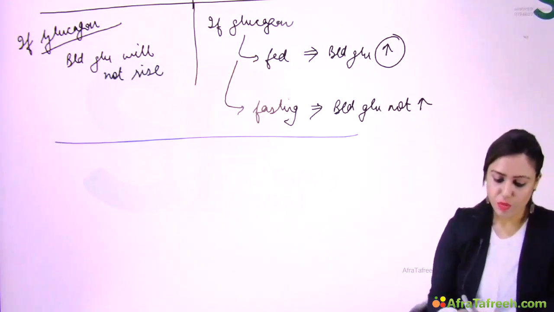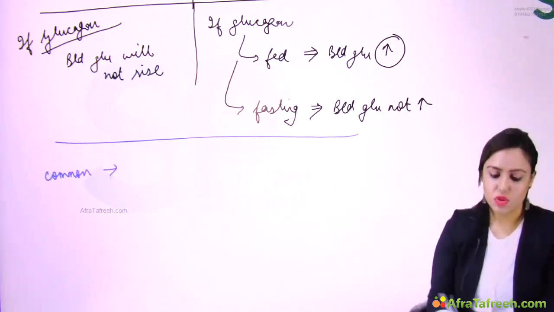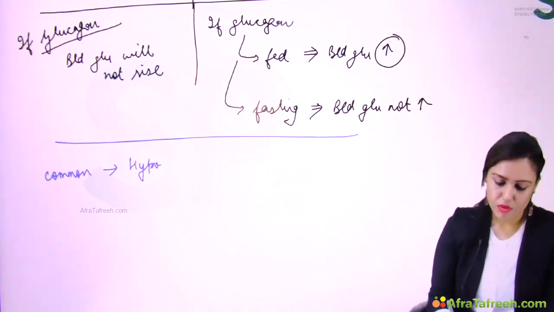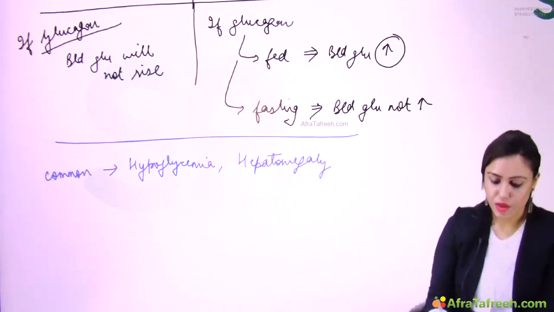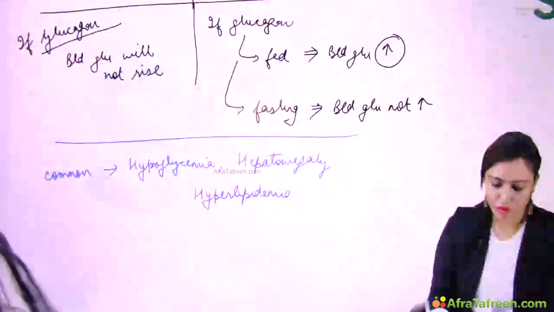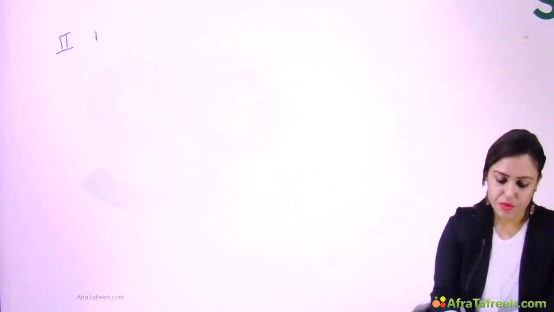And in both these patients, what is common? Common thing is hypoglycemia, enlarged liver, that is hepatomegaly, and hyperlipidemia or hypertriglyceridemia, right?